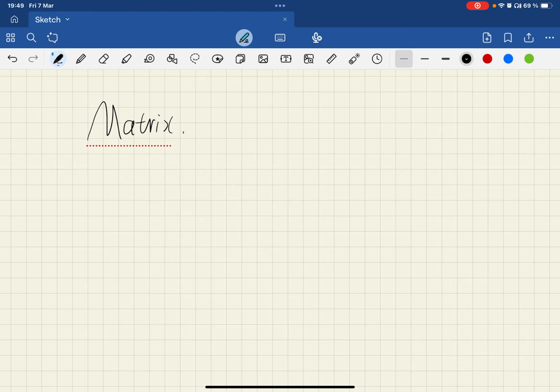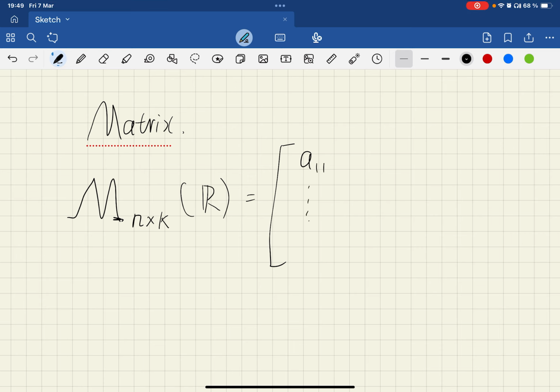So what is a matrix? A matrix is a set of numbers, or a bunch of numbers, where you can write them.